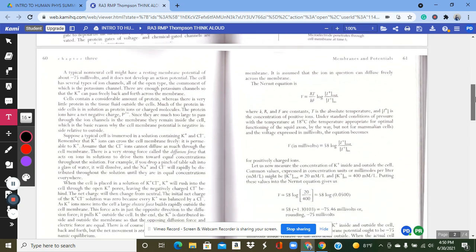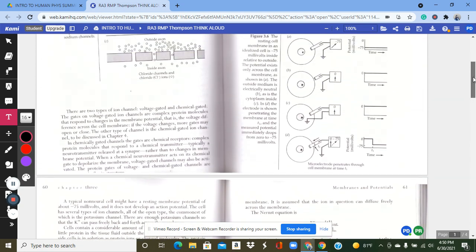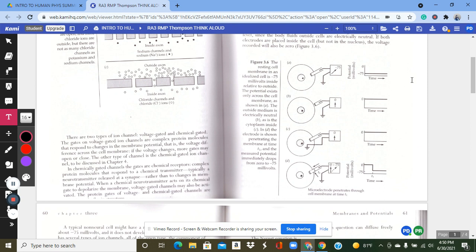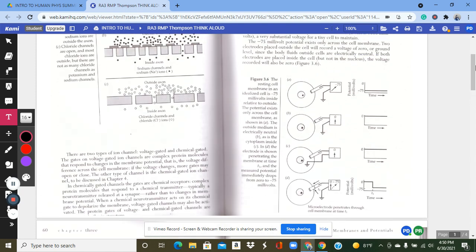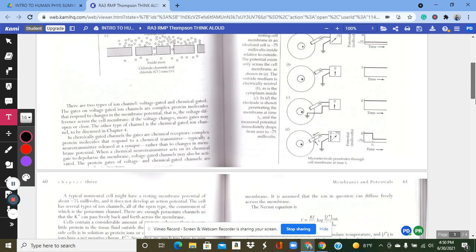Okay, got it. I might look for more clarification later, but overall I get the idea of what this figure is talking about.